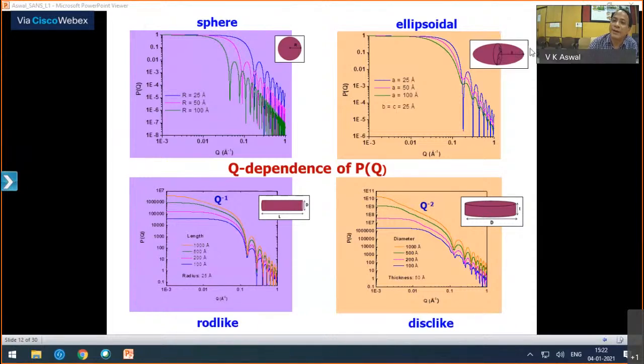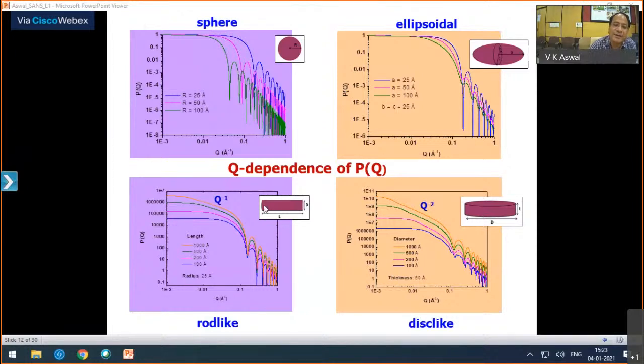When the elongation increases, your contribution width in the low Q is also different. So you have more contribution towards the lower Q values when you increase the semi-major axis. So you can differentiate an ellipsoidal from a spherical particle.